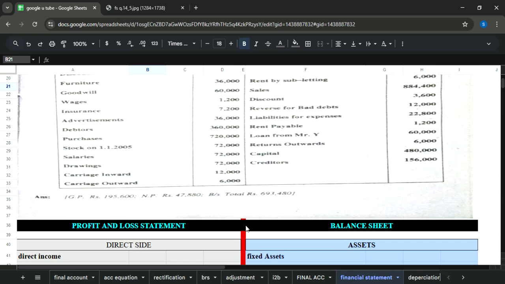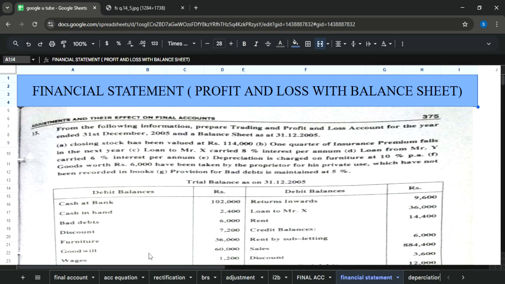Alright guys, after bad debts we have discount. Now you will have to focus, discount may be received or may be allowed. But that has not been mentioned, whether it's discount received or allowed. For that purpose we will see debit balance. So it means it's an expense, discount allowed.